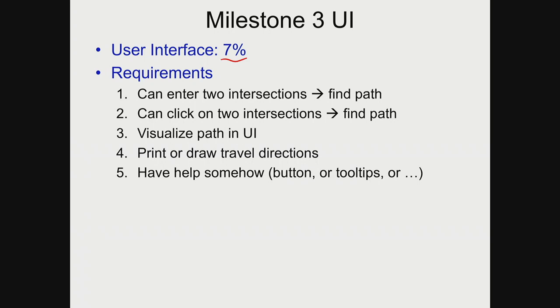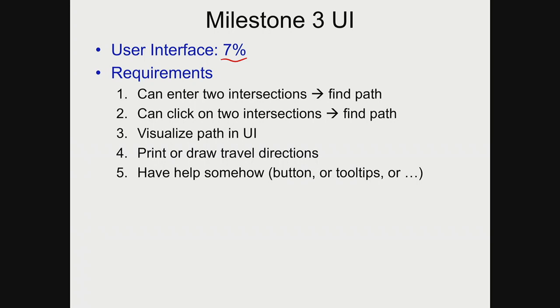That's not the only way they can enter intersections. They should also be able to just click on an intersection, and you might choose to make it possible for them to mix and match this. So that's how they enter. Once your algorithm has found a travel path, you want to be able to visualize it in the user interface, so draw it somehow.